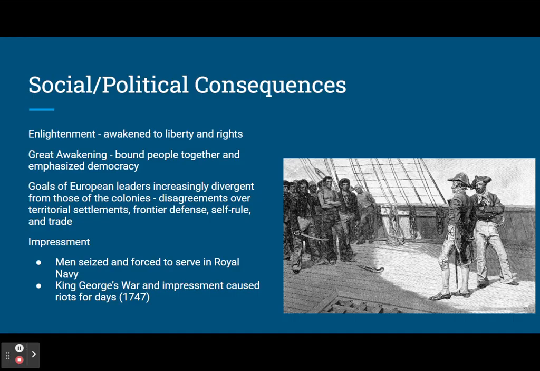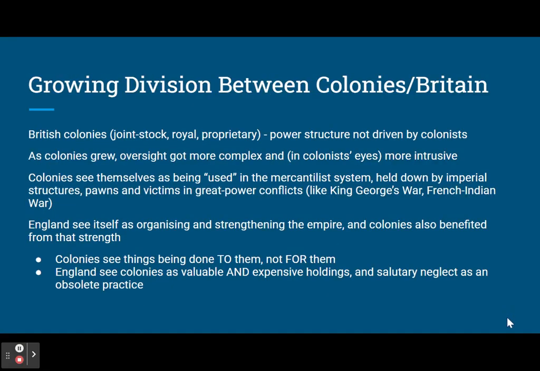And this really infuriated people. In fact, in King George's War in 1747, the practice of impressment caused riots for days. So this is really making a lot of people angry. So again, this division is really becoming increasingly apparent. British colonies, whether they were joint stock company colonies, royal colonies, proprietary colonies, either way, the ultimate power structure was not driven by colonists in spite of the presence of colonial ruling legislatures and assemblies.